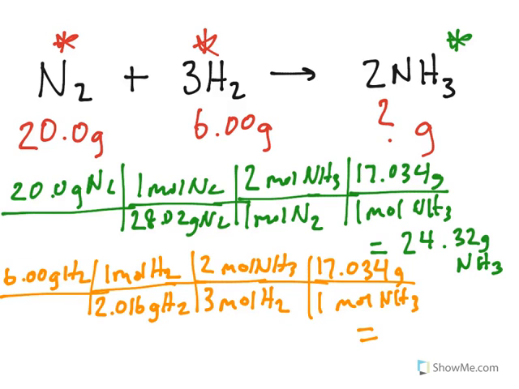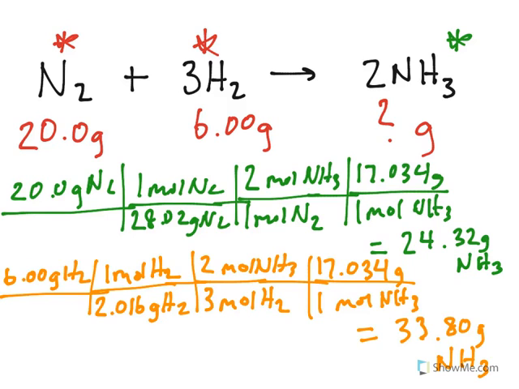And we find this time that the answer is 33.80 grams of NH3. So what this one in yellow means is if all 6 grams of hydrogen were consumed, you would have produced 33.8 grams of NH3.